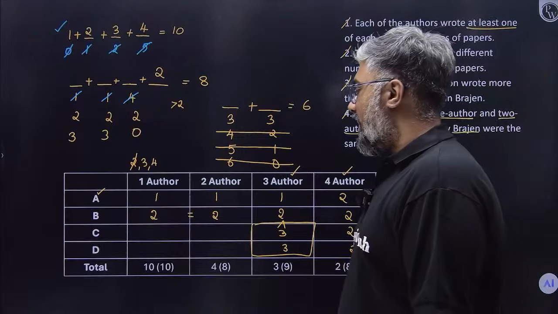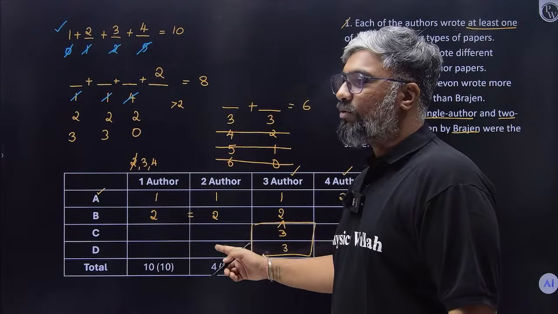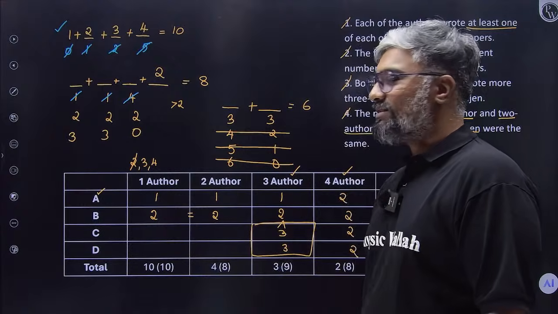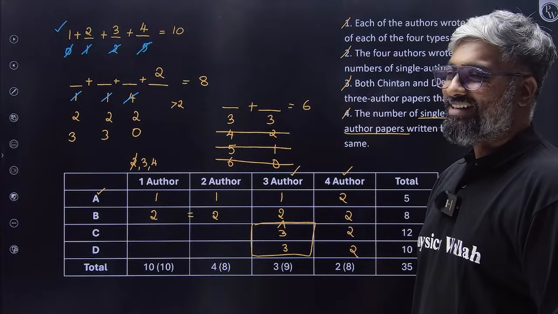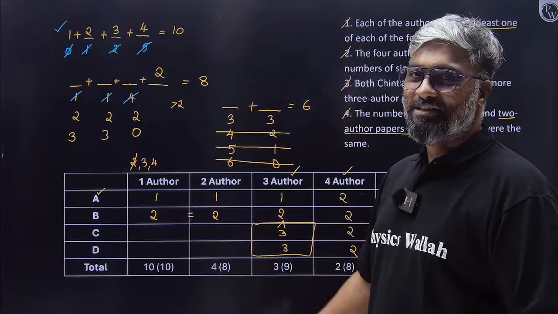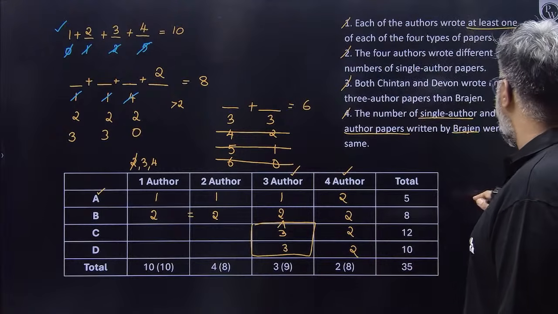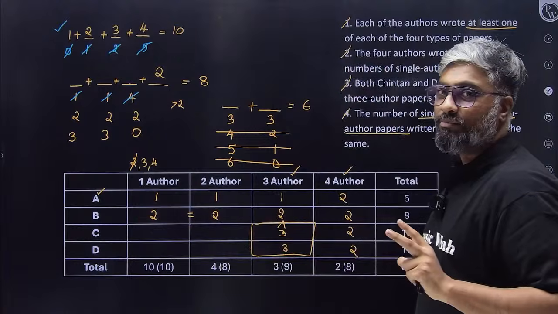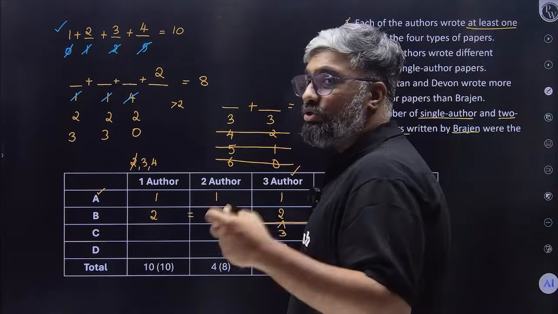Have we already gotten to this point? Yes, we have. So we are already at a situation where we will get multiple cases, with C and D and 2 author papers automatically giving us a problem with the 3 author papers.